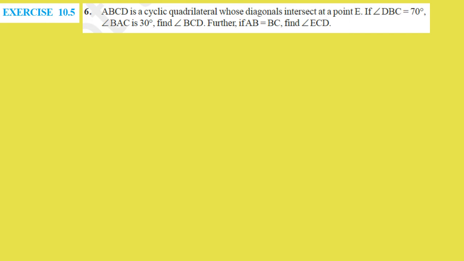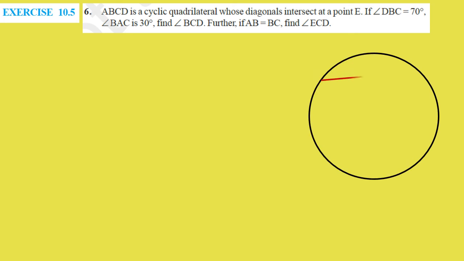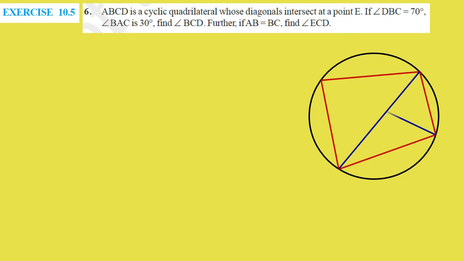Question 6. ABCD is a cyclic quadrilateral whose diagonals intersect at a point E. So first let us draw the figure according to this. Let us first draw a cyclic quadrilateral ABCD whose diagonals intersect at a point E. Now, if angle DBC is 70, then angle BAC is 30.